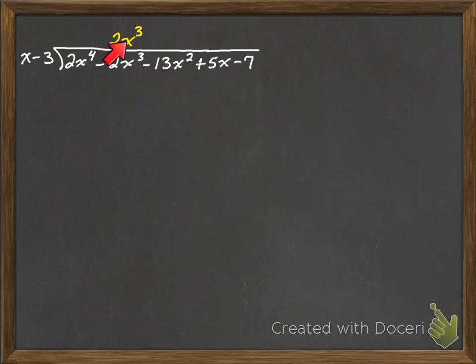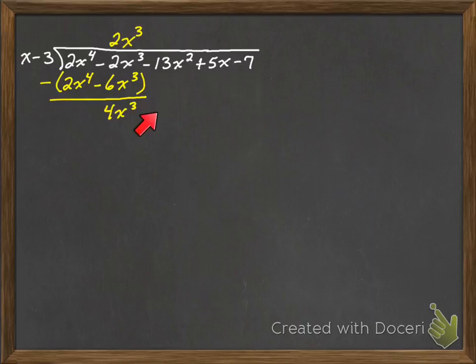All right, so now 2x cubed multiplied by the x will give us 2x to the fourth. And then 2x cubed times negative 3 will give us negative 6x cubed, parentheses, and subtract. That will give us a 4x cubed.